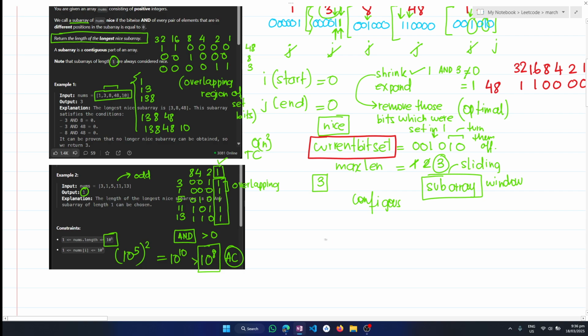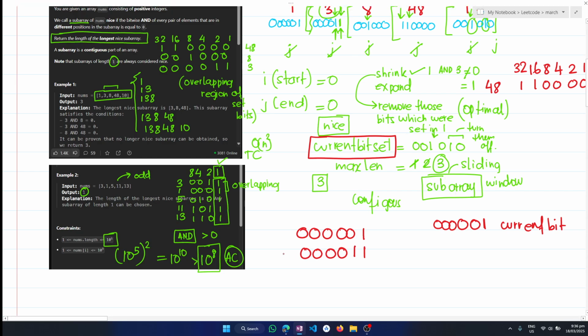You see, one very simple thing. Let's say we have 0, 0, 0, 0, 1, and then let's say we have 0, 0, 0, 1, 1. My current bit set was 0, 0, 0, 0, 1. This was my current bit set when I only had 1 inside of my window, right?